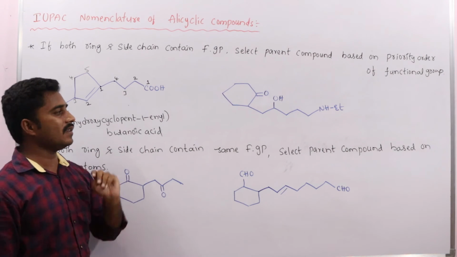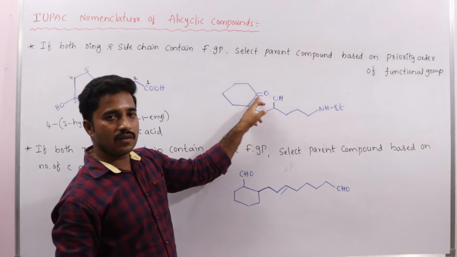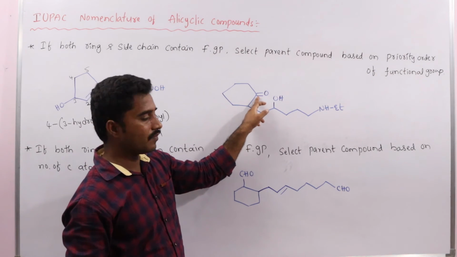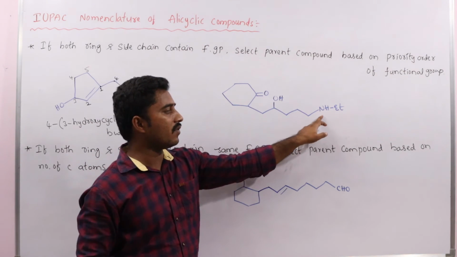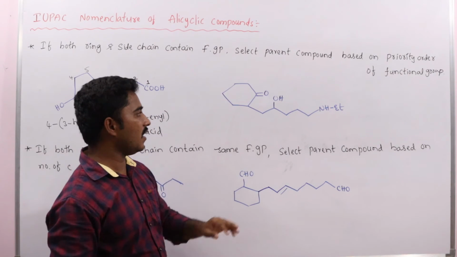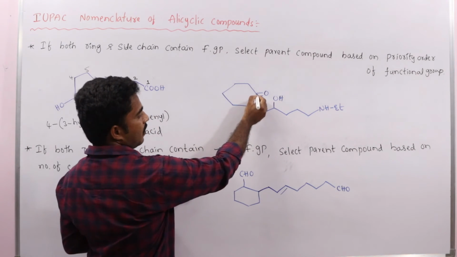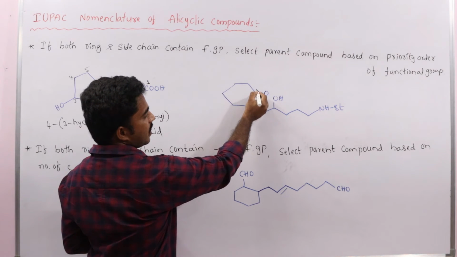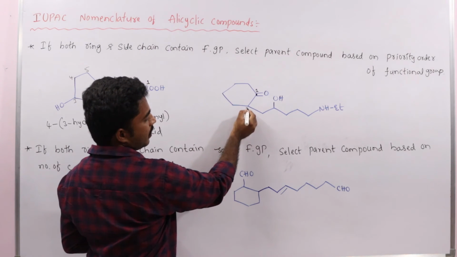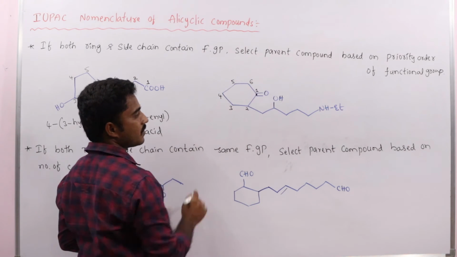Okay, so let us see this example. In this example, a ketone functional group is there in the ring, and OH and amine functional groups are there in the side chain. So according to priority order, ketone is the highest priority. So that's why from here we have to start the numbering 1, then here 2, here 3, here 4, here 5, here 6.